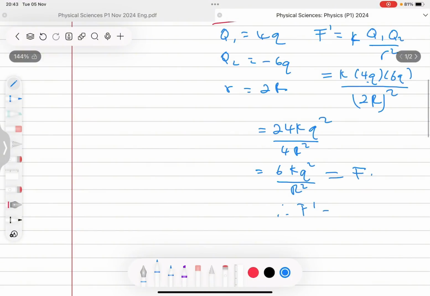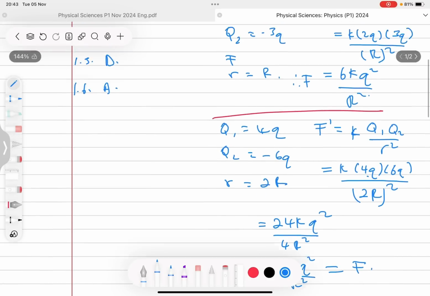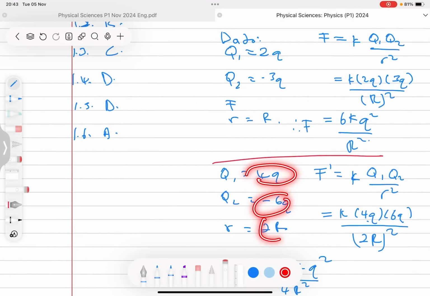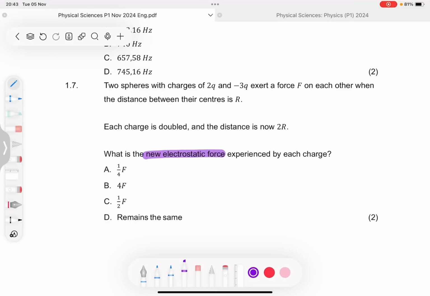This means our new force F prime is the same as the previous force F. So these parameters have changed such that they still give us the same force as the previous situation. The distance is doubled, but the charges also have been increased so that they produce the same force.